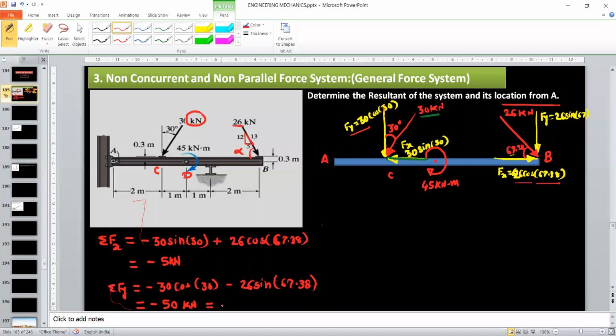The exact answer is minus 49.98. If you consider the next digits of the angle 67.38, then I think you will get minus 50 kilonewton.